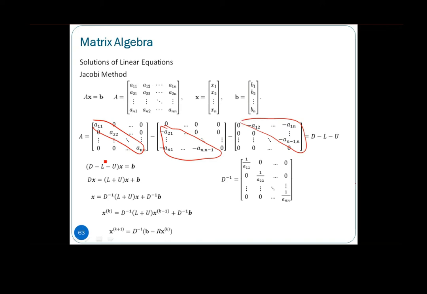If A becomes D minus L minus U and you rearrange everything, you will have Dx equals L plus U times x plus b.